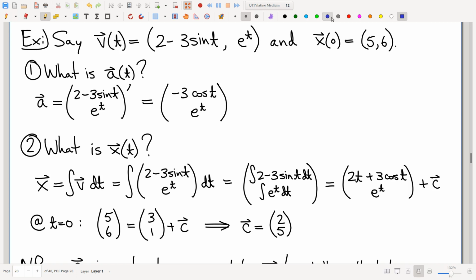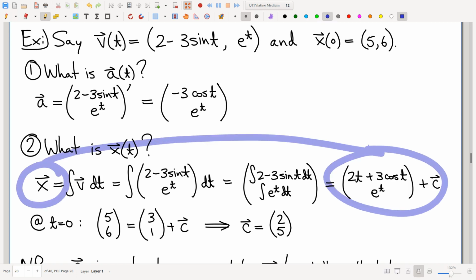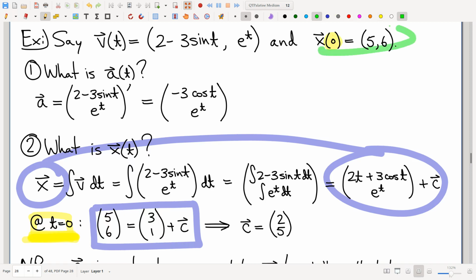Well, we take this equation and we rewrite it in consideration of the initial time t equals 0. So if this equation is always true, then it's certainly true when t is equal to 0. And when t is equal to 0, that's what position is.